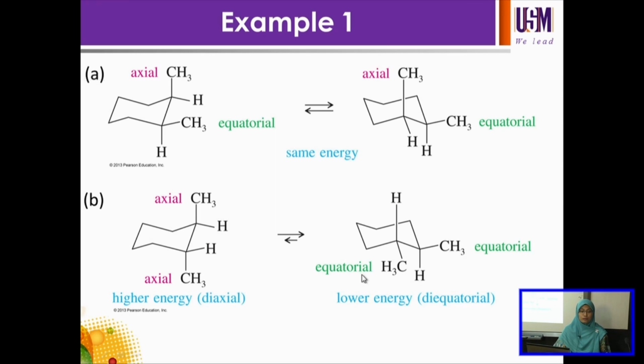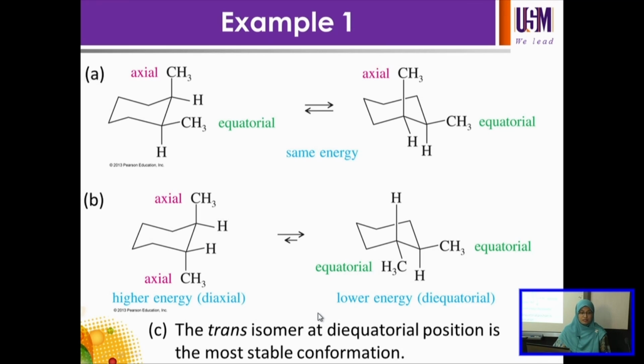And then this one is the di-equatorial position, it has lower energy, so it is the most stable conformation. The trans isomer at di-equatorial position is the most stable conformation out of all the 4 conformations.